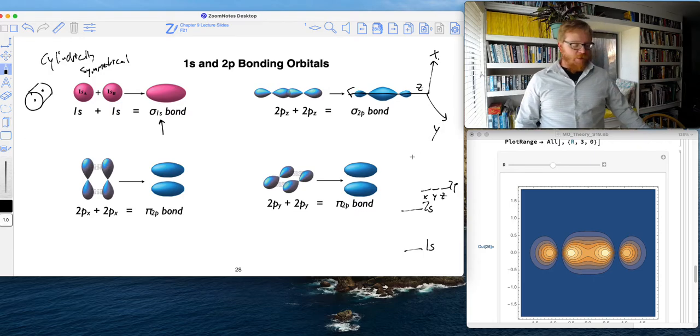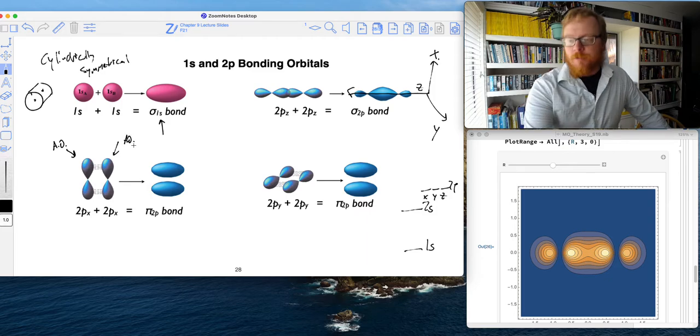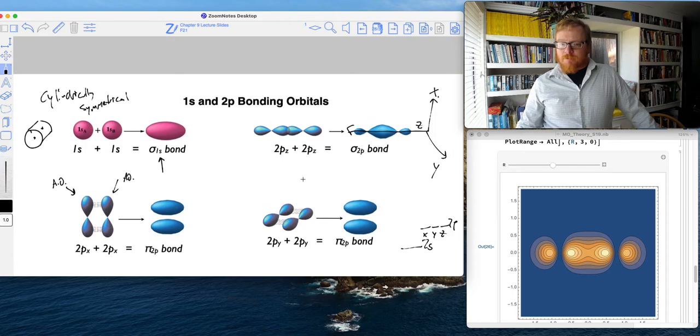So that's a better way to label that. So now you can see we get a different kind of bond when those orbitals are reoriented. And again, I want you to recognize that each one of these is an individual atom, right? So this would be an atomic orbital, and this would be an atomic orbital, and we're bringing them close together and we're bonding them.